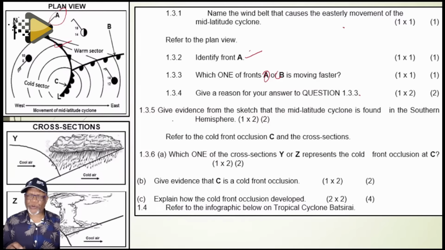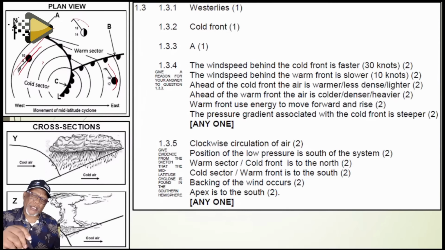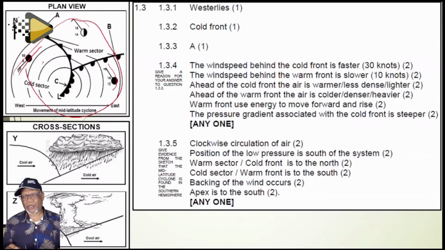And now let's move to 1.3.5. Give evidence from the sketch that the mid-latitude cyclone is found in the southern hemisphere. There is clockwise circulation. You can see air coming from that direction, air coming from that direction, air coming from that direction. So when you join all these directions, it shows that there is clockwise circulation.